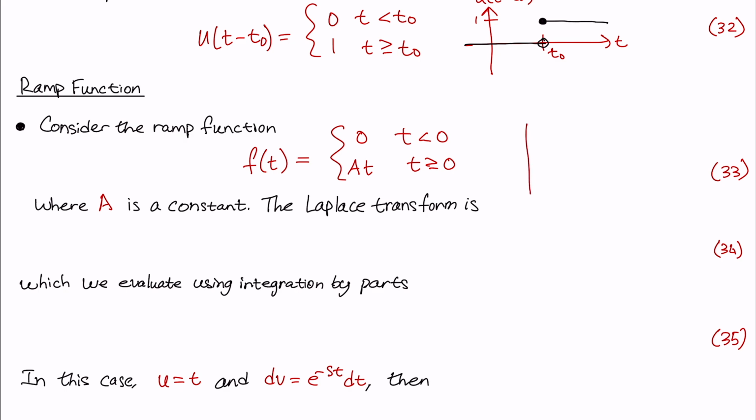We'll go and plot this as well. So this function is going to be 0 up until time t, and then it's just going to grow with the slope of a.